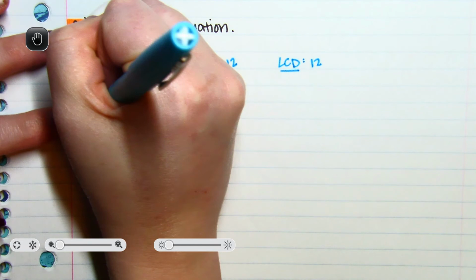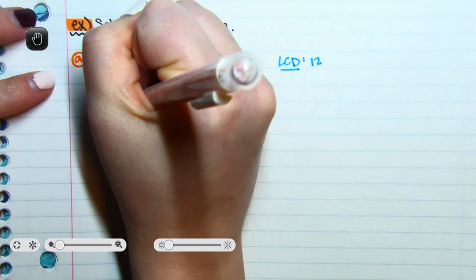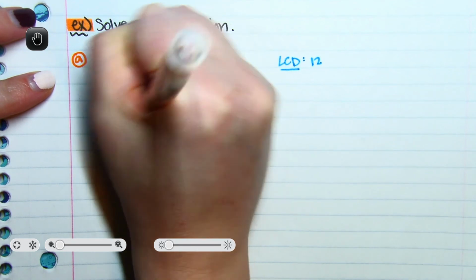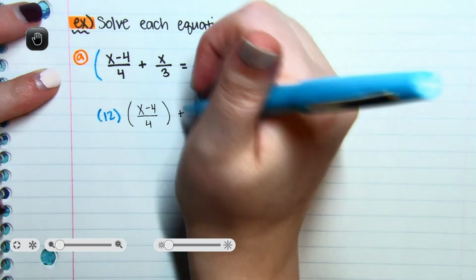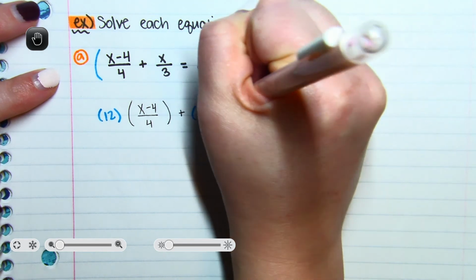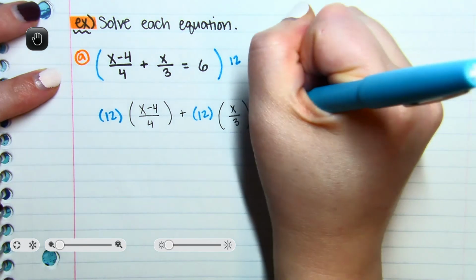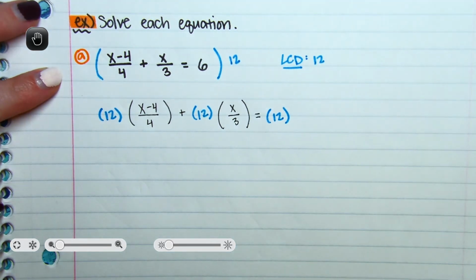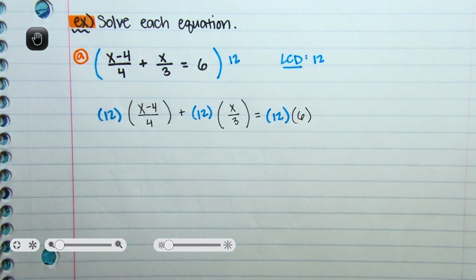So we are going to have 12 times this first fraction, the x minus 4 over 4, plus 12 times the second fraction, x over 3, equals 12 times 6. If you feel more comfortable writing out all of this, you can continue doing that.